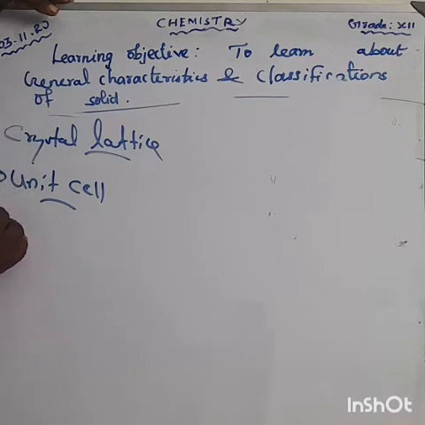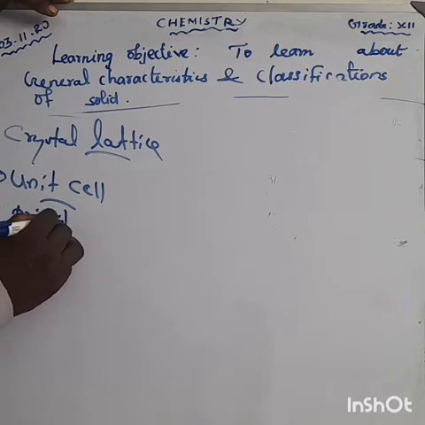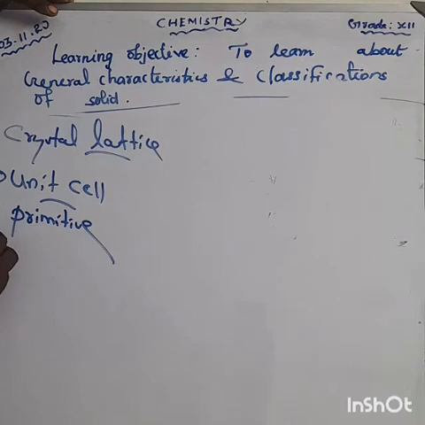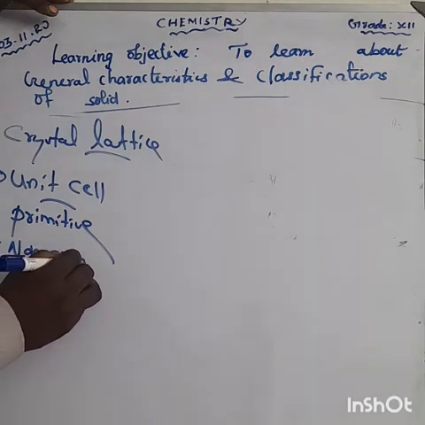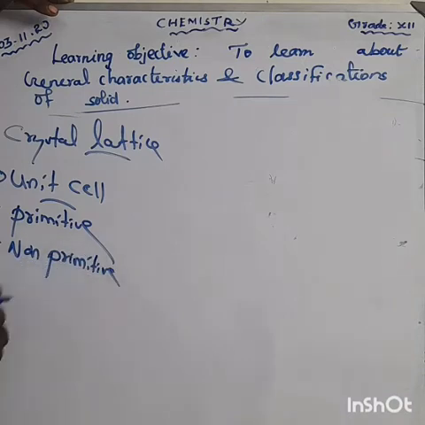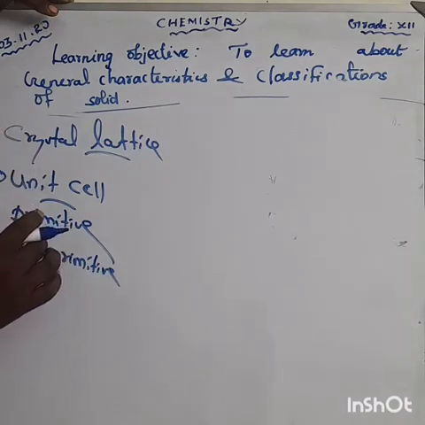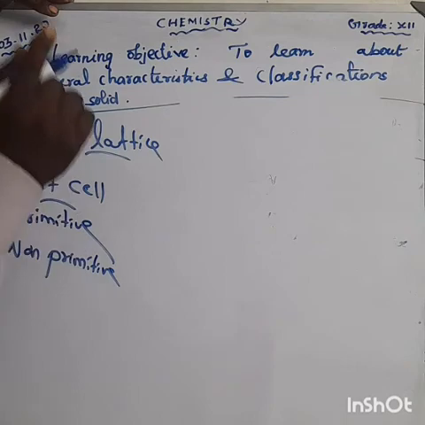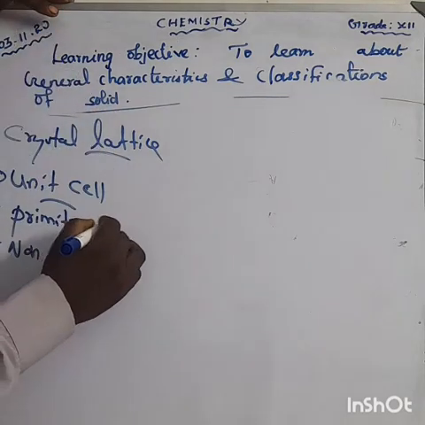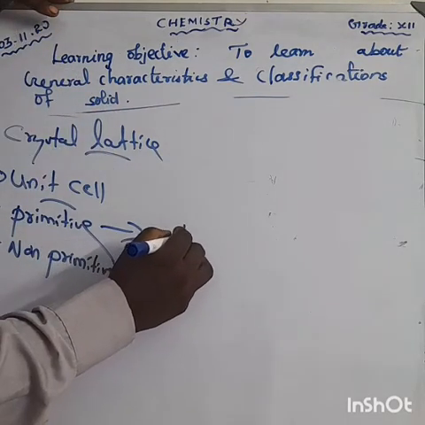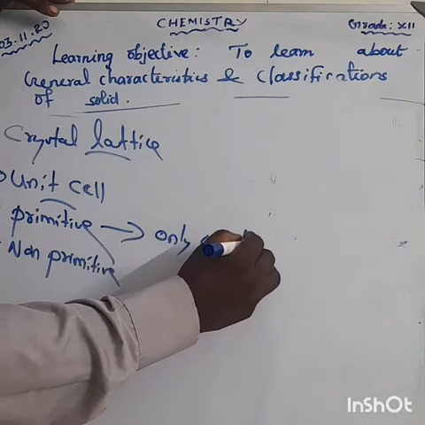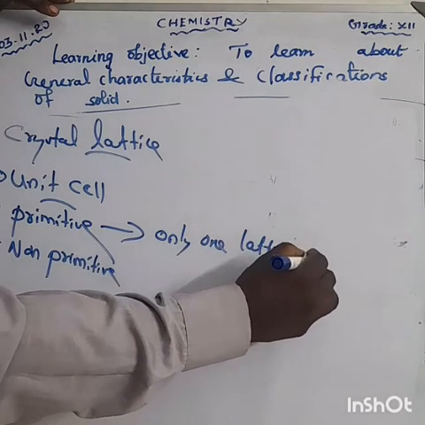That's a very important question: primitive and non-primitive. Primitive means a unit cell that contains only one lattice point. Don't forget, only one lattice point.